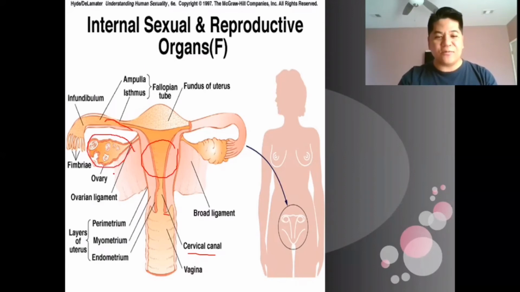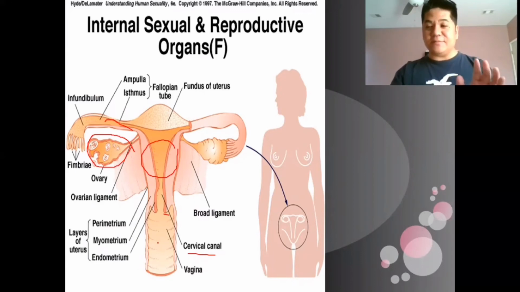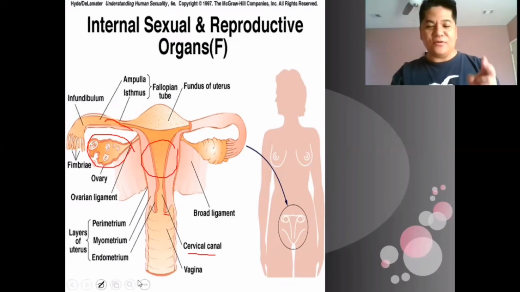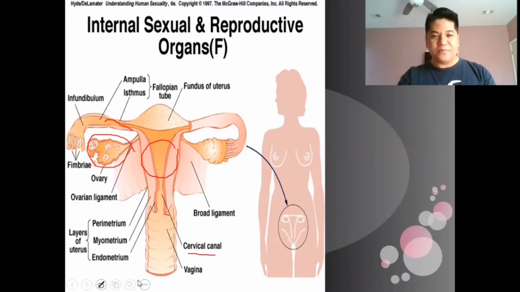We're going to talk about it one by one. So now the cervix is responsible for opening, which indicates that the baby is pushing down to be delivered, so it will open. That's the one you're going to assess during delivery of the baby.